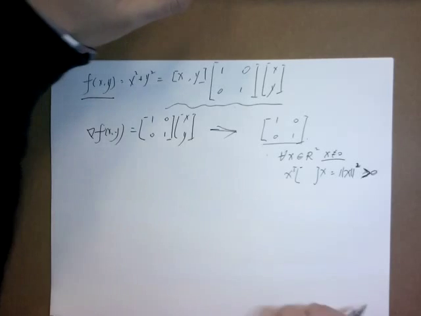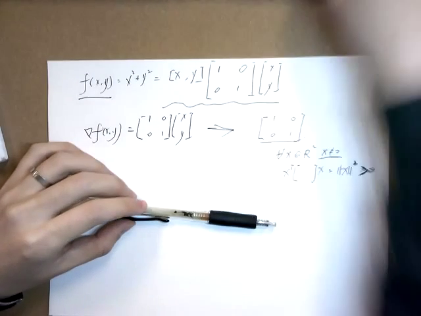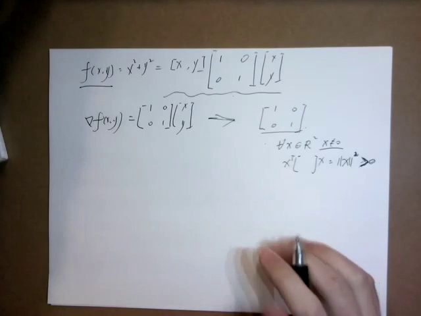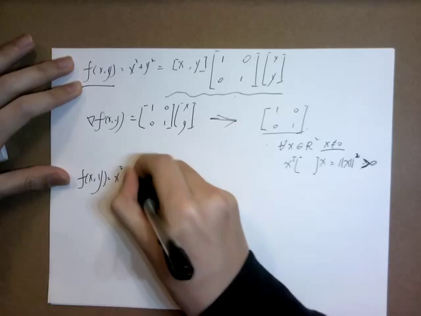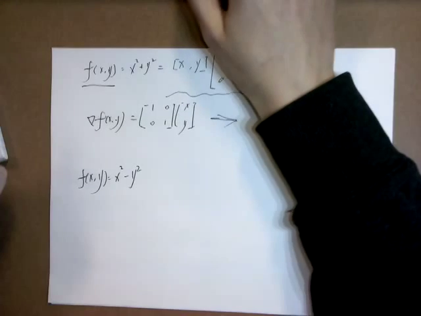All right? So I can make a really simple change to get a new function, f(x,y) equals x squared minus y squared. It will look this way.